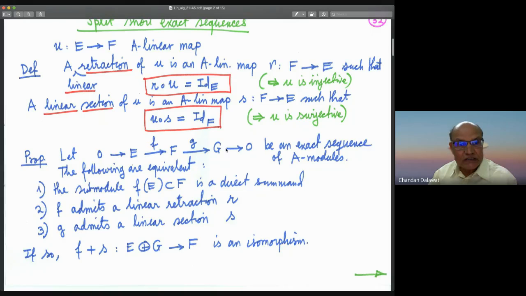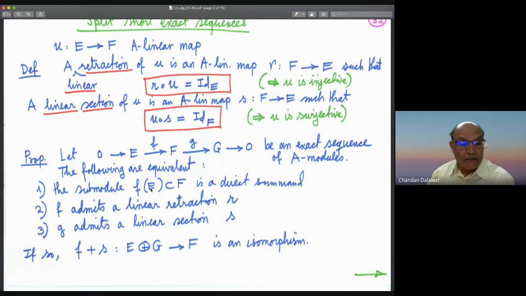Now let's come to this short exact sequence. I'm saying that these three conditions are equivalent. What are the three conditions? First of all, this f of E is a submodule of F, right? It's this map f is actually injective.